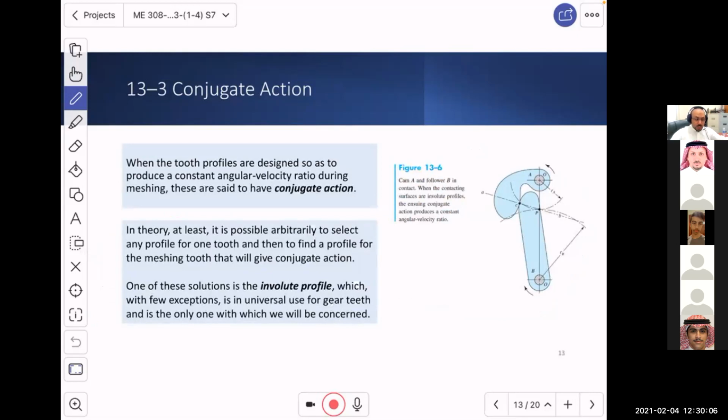So now we gave them names and terminologies. Now, the idea of the gearing, guys, is that it lies around one particular commitment, if I want to call it. Commitment means the gear must deliver this. What is that commitment? What is that thing that the gear will deliver? Okay? It is constant angular velocity ratio.